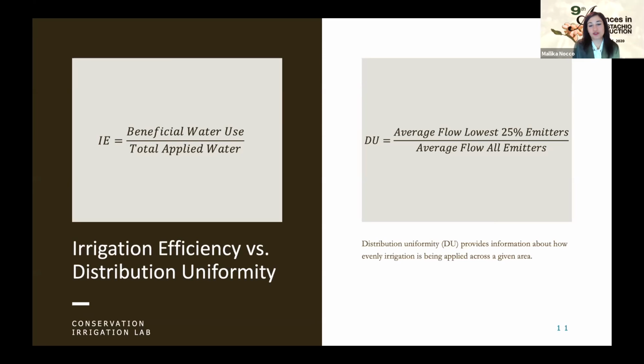That's what distribution uniformity is. And this measurement stems from how our systems are designed, right? If you design your system in a grid and you have pressure moving water along this grid, there are opportunities for the uniformity of application to become gravely compromised. And we want to make sure that we maintain the integrity of our system and maintain the uniformity of application. And this is really an index, a way to test that and have some sense of how well you're doing.